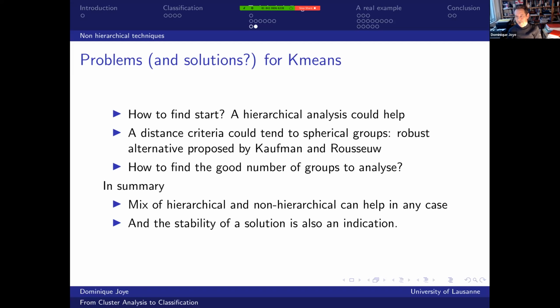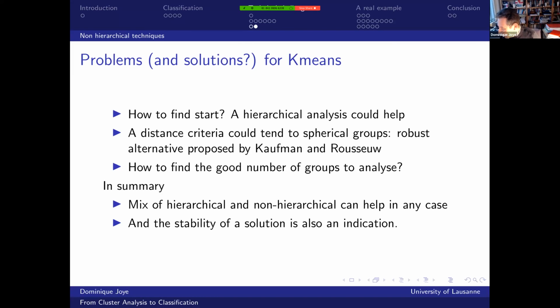So you must be a little bit careful because at the end, you will always have a classification variable, but you are not sure that there is a real structure in the data and that you are able to find a good structure in the data. So that's why it is important to do different analyses, and if they are very different, then you will be a little bit more careful than if you have a really stable result.